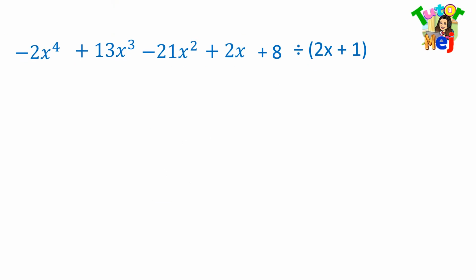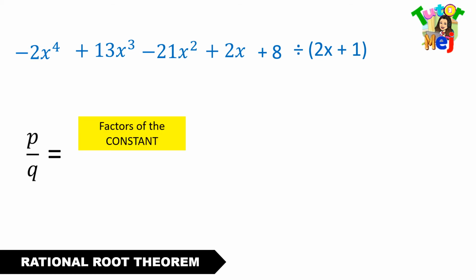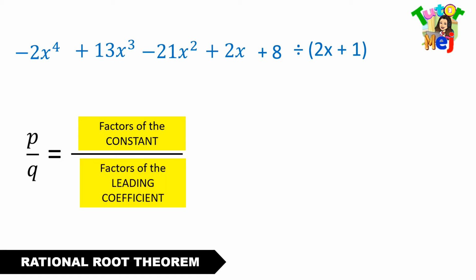To determine the possible roots to be tested as our divisor, we'll be using the Rational Root Theorem, wherein we are going to divide P over Q. Our P here are the factors of the constant over Q, the factors of the leading coefficient.